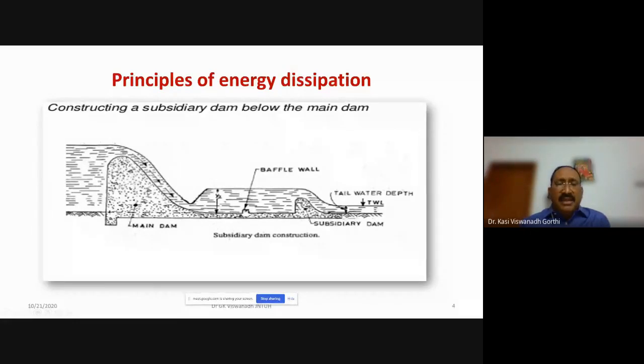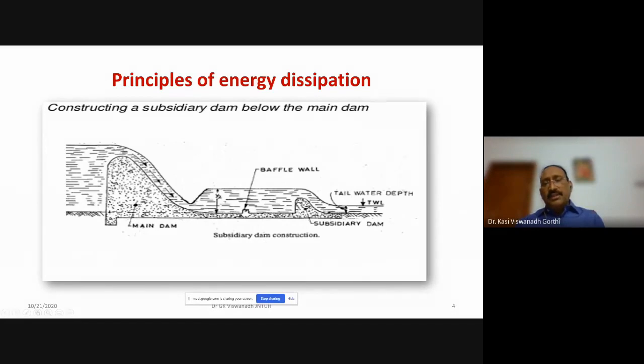The head over the crest level is this, and the amount of water over and above the crest level falls directly to the downstream portion, the foot of the spillway, leading to a huge impact of this falling water. In this particular case, a subsidiary dam has been constructed. You see, this is the spillway.